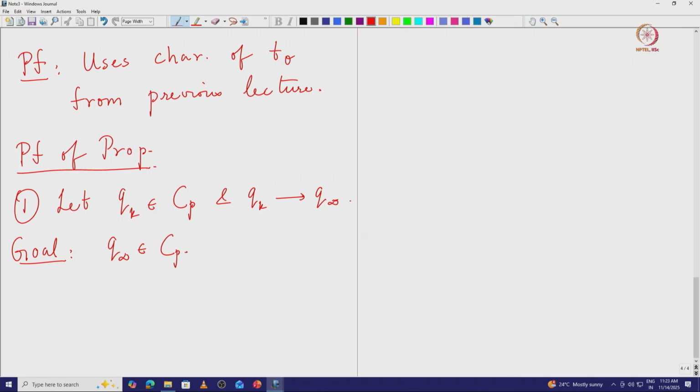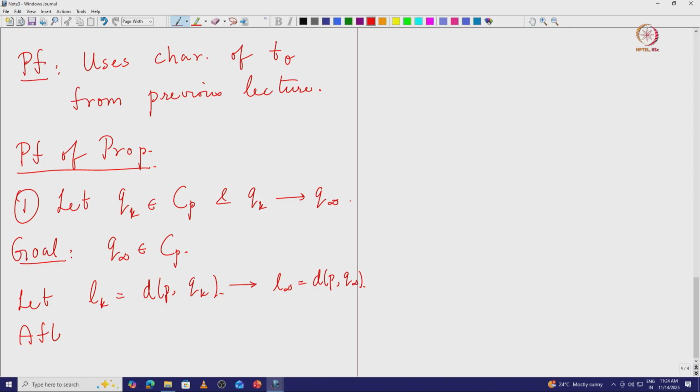That is what being closed means, that it contains all its limit points. So let Lk be the distance from P to Qk. Then this of course converges to L infinity, which is the distance from P to Q infinity.